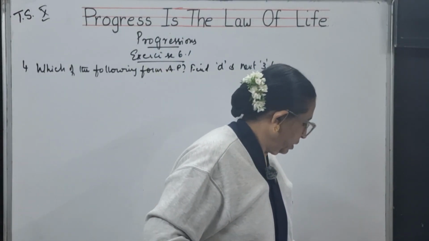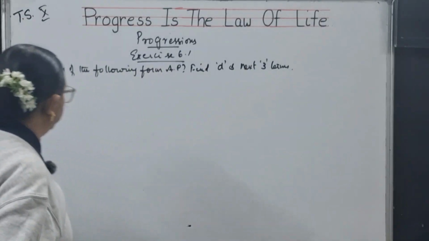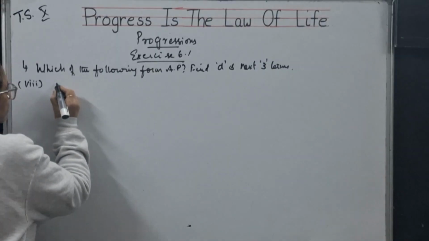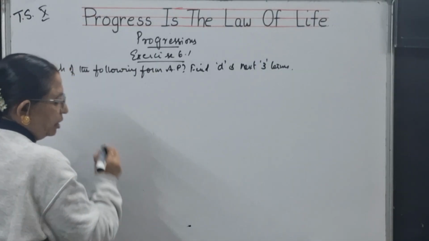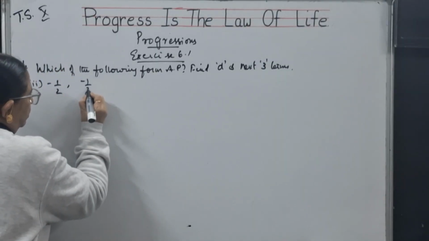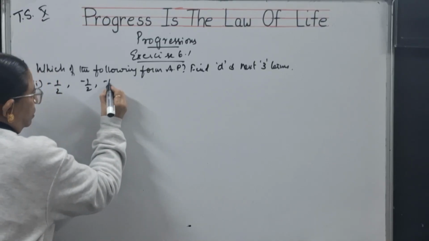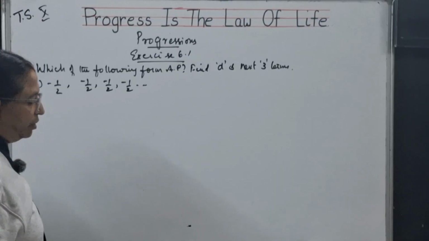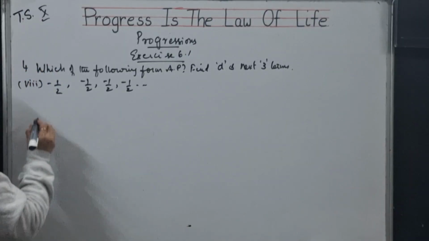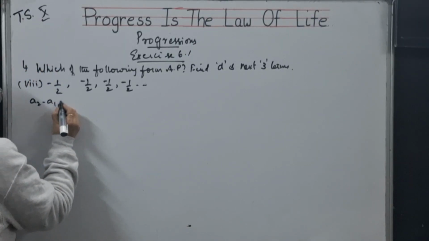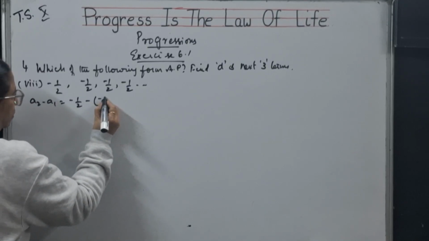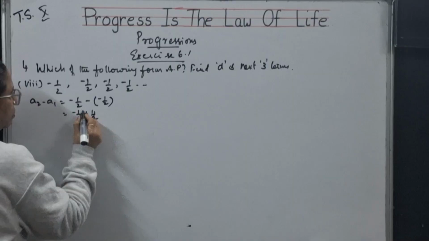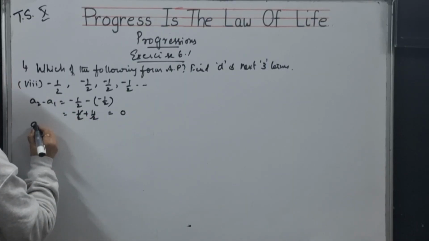Now, 8th problem, children. 8th bit. 1 by 2, minus 1 by 2, minus 1 by 2, minus 1 by 2, and so on. So all the terms are minus 1 by 2 only. So A2 minus A1, minus 1 by 2 minus of minus 1 by 2, minus 1 by 2 plus 1 by 2. You are getting 0.